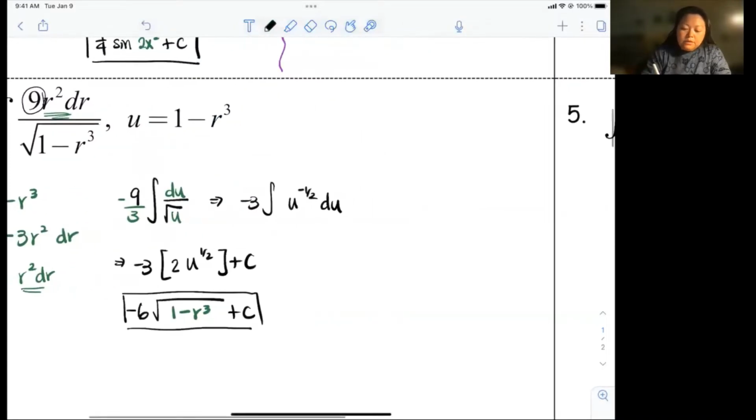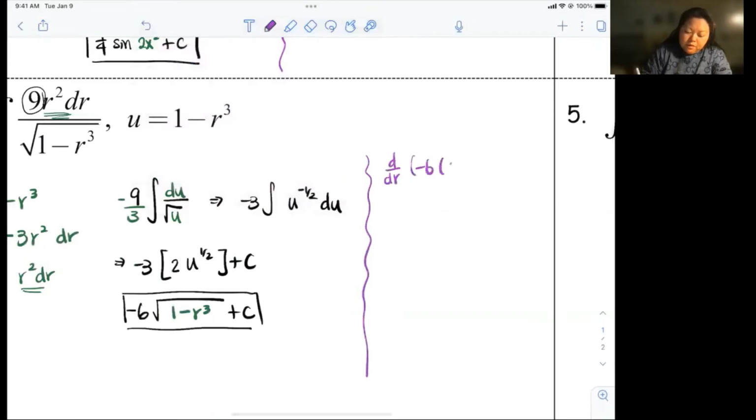And again, this is notes. It wants you to check by taking a derivative. So I'm going to check by taking d/dr of negative 6 times 1 minus r cubed to the 1/2 power plus c, right? So now I'm taking a derivative. I'm going to leave it as a 1/2 power, so it's a lot easier to take the derivative, right? So chain rule says the coefficient, negative 6, stays here.